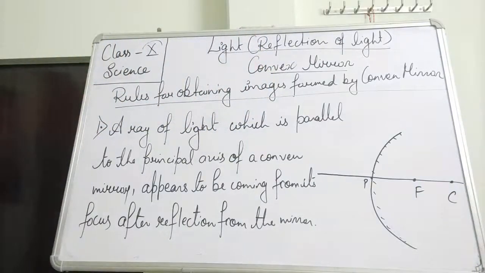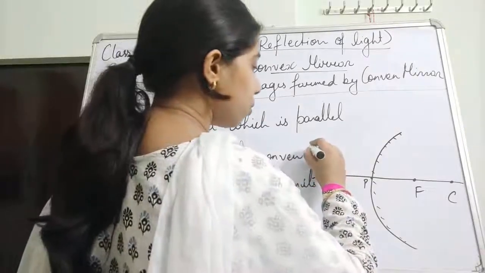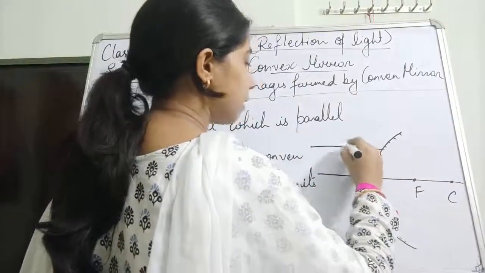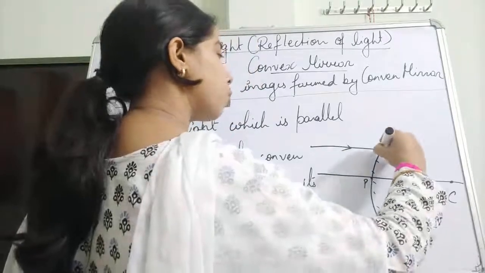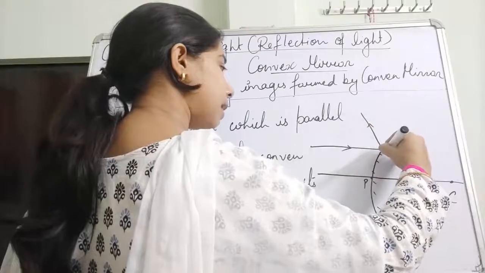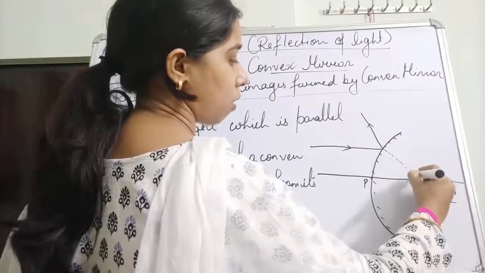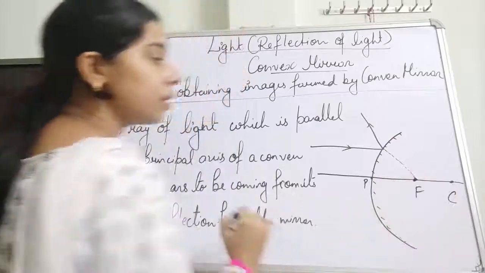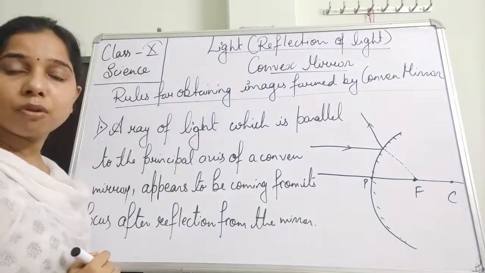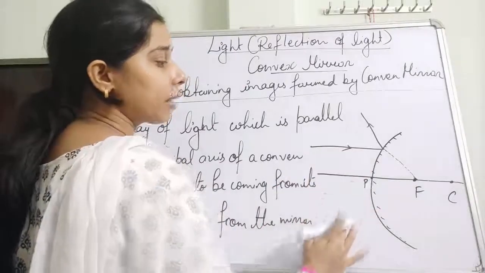Here it is saying that if a ray of light is parallel to the principal axis, it will get reflected and it appears that it is coming from the focus. It is coming from the focus, students.